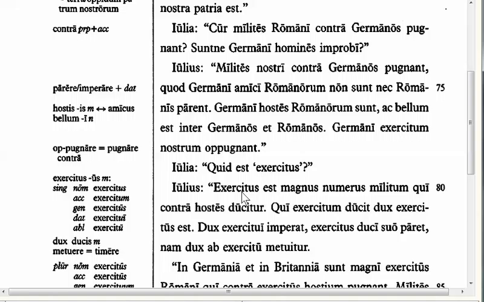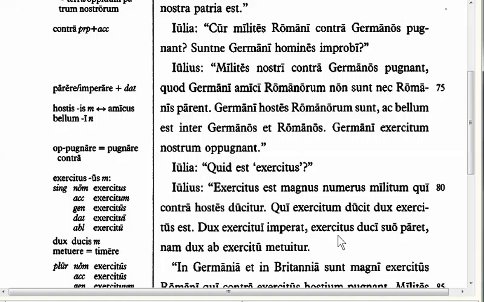So the next feature uses the word exercitui here: "dux exercitui imperat, exercitus duci suo paret, nam dux ab exercitu metuitur." So here we have the leader gives orders to the army, or commands his army.